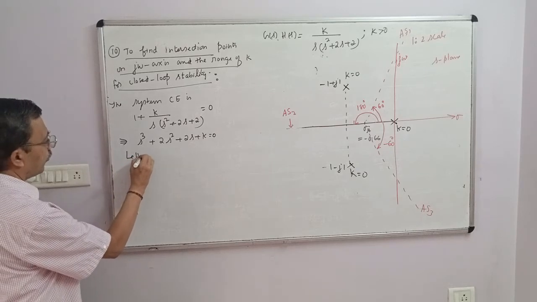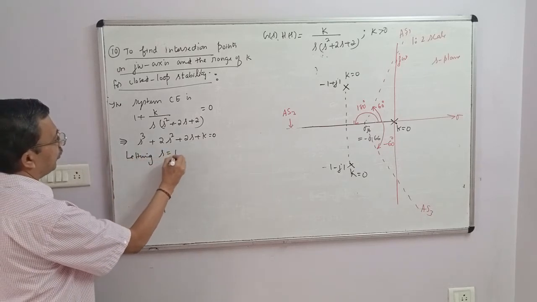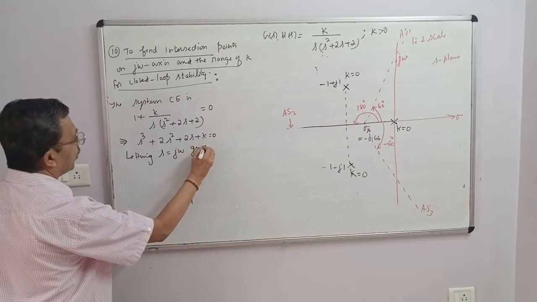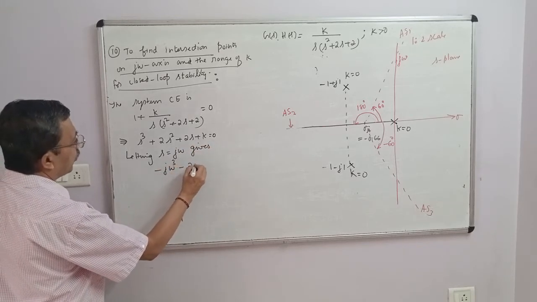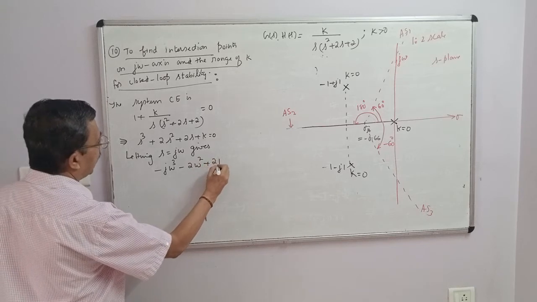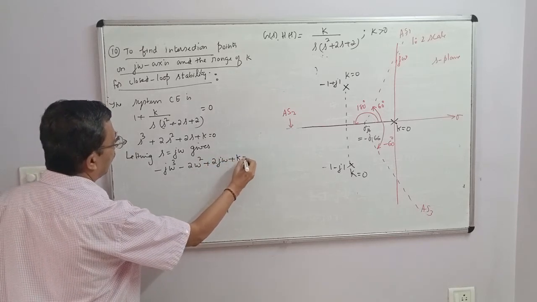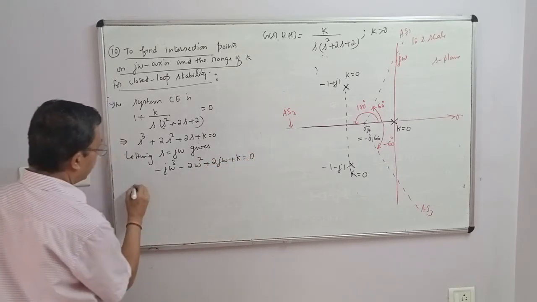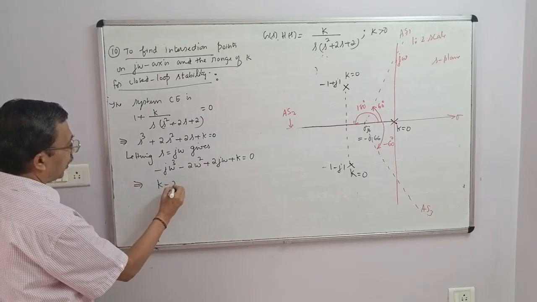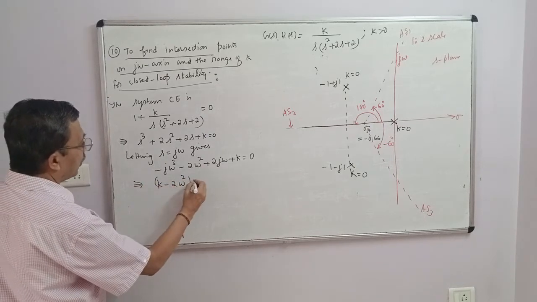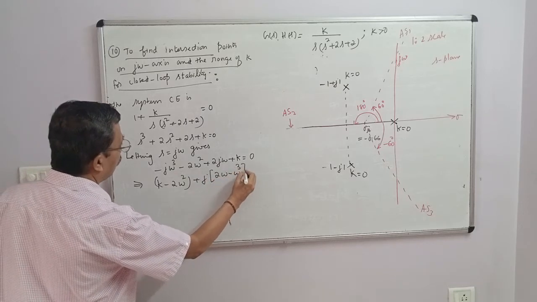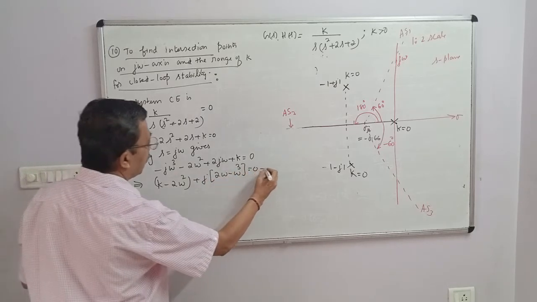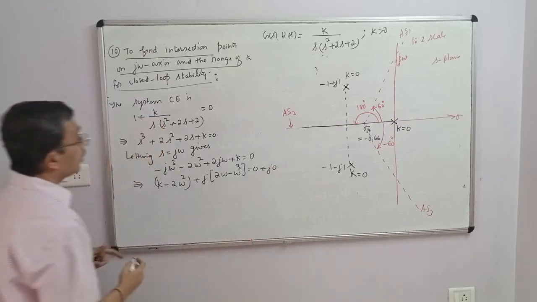Letting S equal to j omega gives minus j omega cube minus 2 omega square plus 2 j omega plus k is equal to 0. This implies k minus 2 omega square plus j into 2 omega minus omega cube is equal to 0 plus j0.